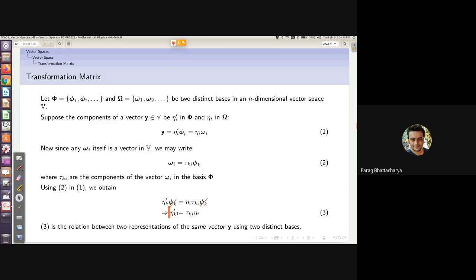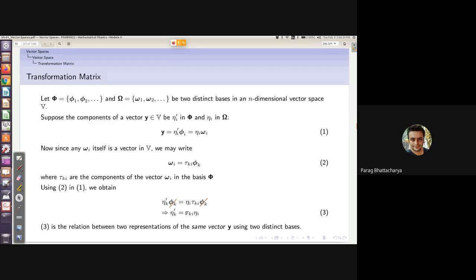So this equation number 3 is a relationship. You can see what these eta prime and eta are: eta prime are the components in one vector space and eta are the components in another vector space. This gives us a direct relationship between these two sets of components.